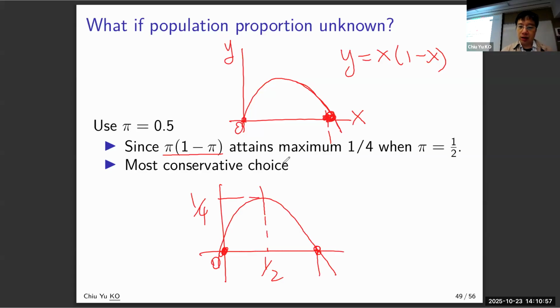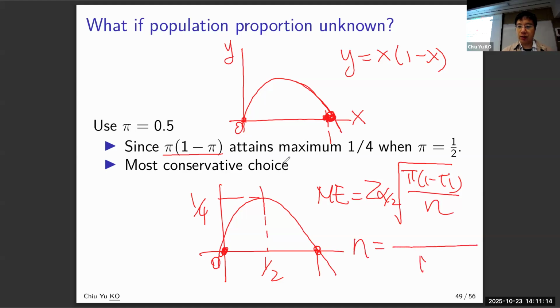So that means the margin of error, remember, is this guy, the square root of pi times 1 minus pi over n, right? Or we can write n is equal to the expression in terms of ME. Since we don't know pi times 1 minus pi, we can take the maximum, the most conservative one, the worst-case scenario, which is half.